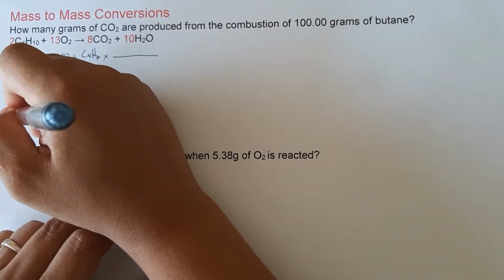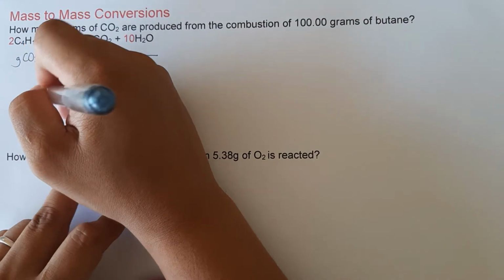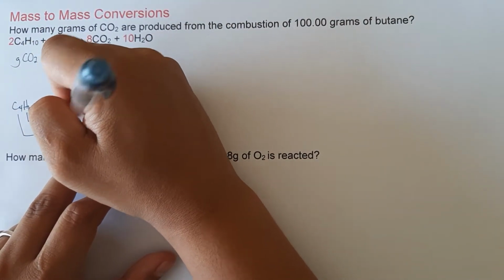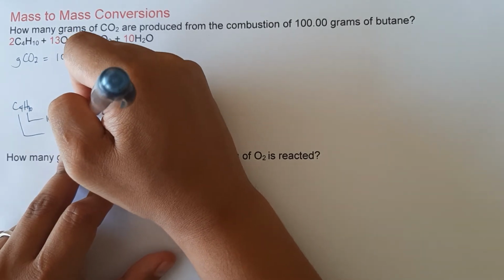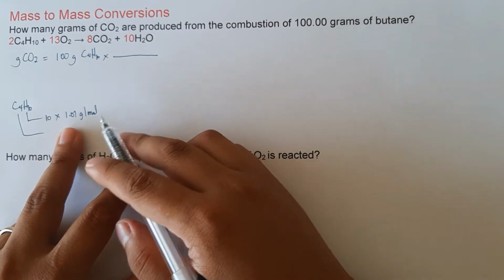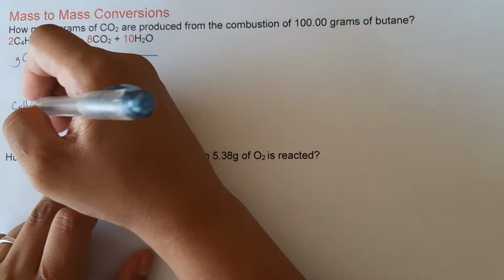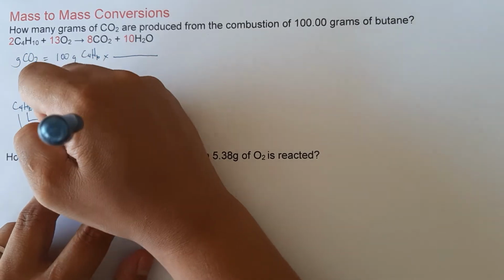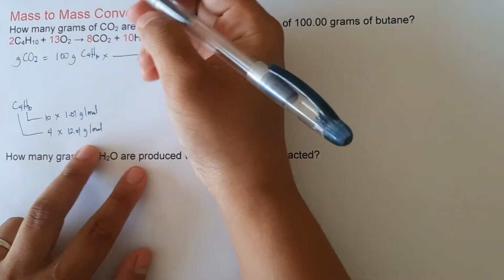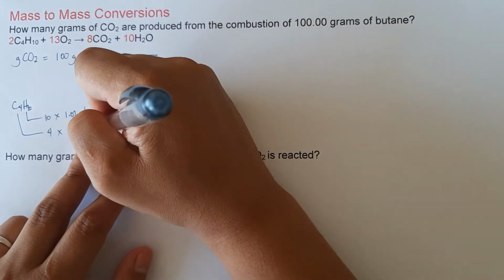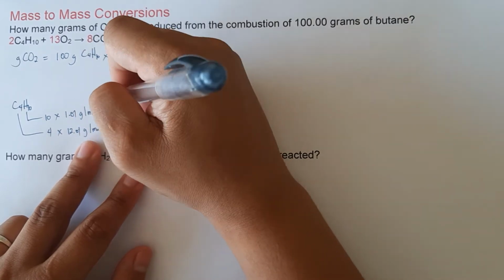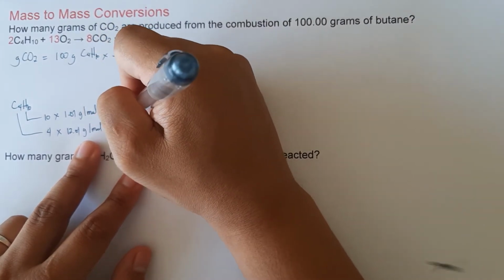C4H10. So we have 10 hydrogen atoms multiplied by 1.01 gram per mole. So, saan ko po kinuha yung 1.01 gram per mole? Sa periodic table po. So, this is the molar mass of hydrogen. For carbon, we have 4 times 12.01 gram per mole. Okay. So, ang sagot natin dito ay, this one is 10.10 gram per mole.